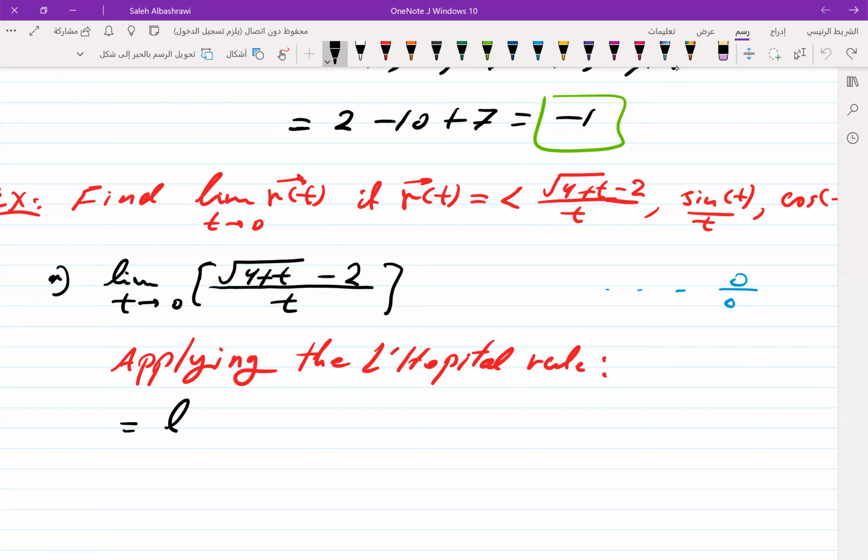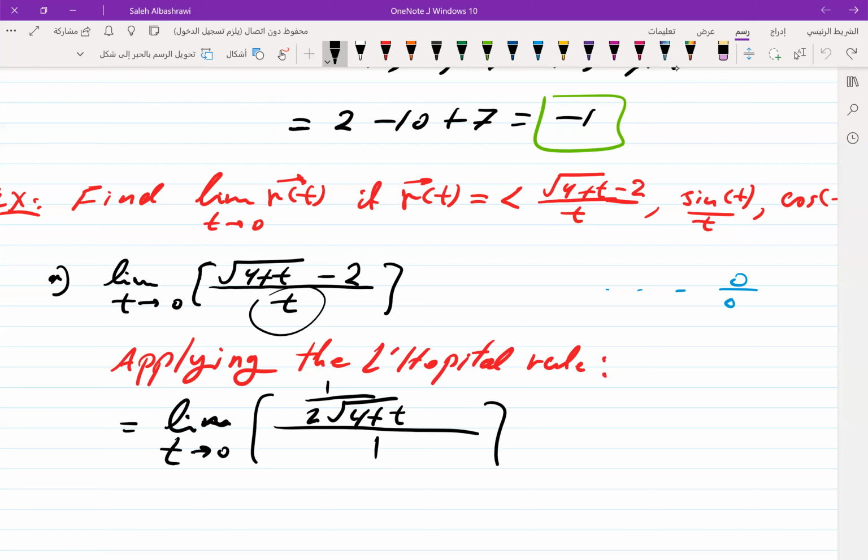So this will equal the limit of the derivative of the numerator, which is 1 over 2 square root of 4 plus t, over the derivative of the denominator, which is equal to 1, as t goes to 0. Now replace t by 0. It will be 1 over 4. So the limit of the first component is equal to 1 over 4.